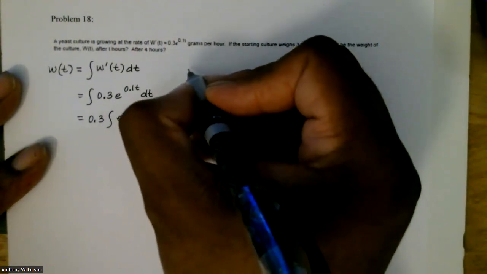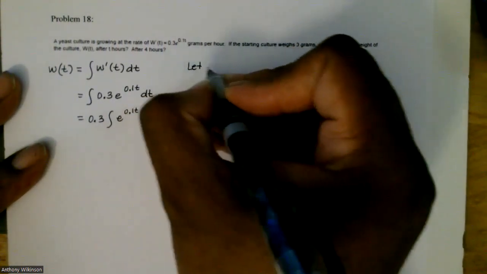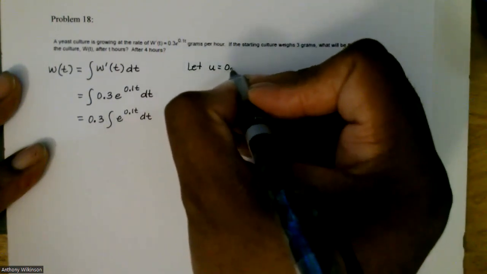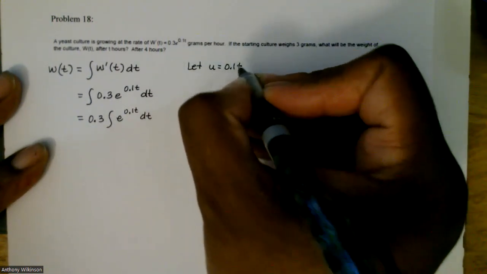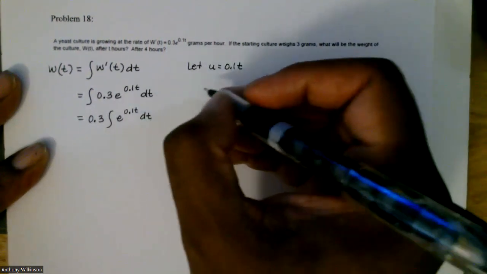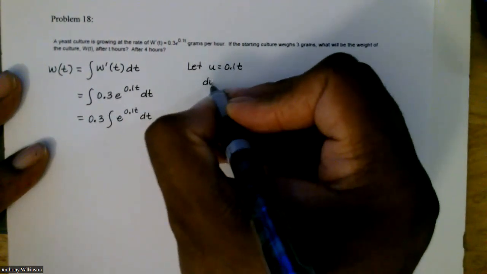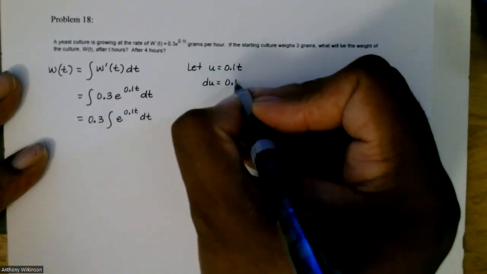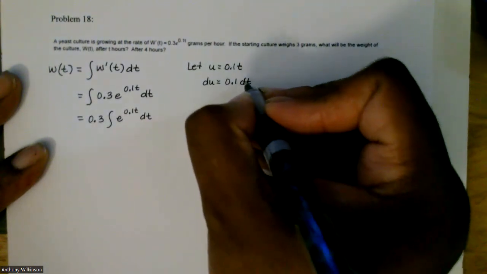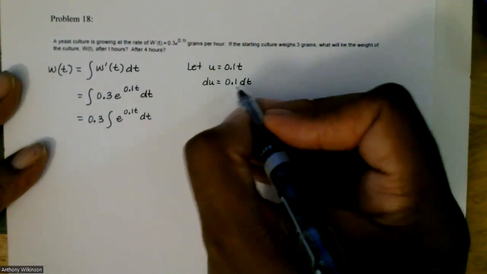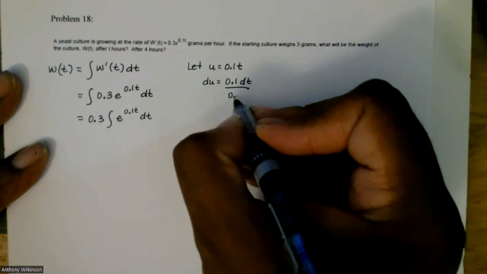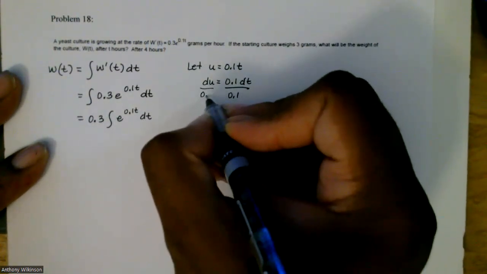And doing a u substitution, I'm going to let u equal 0.1t. That's the exponent of e. Then du will be equal to 0.1 dt. To get dt by itself, I need to divide both sides by 0.1.